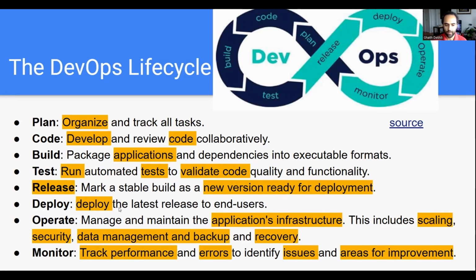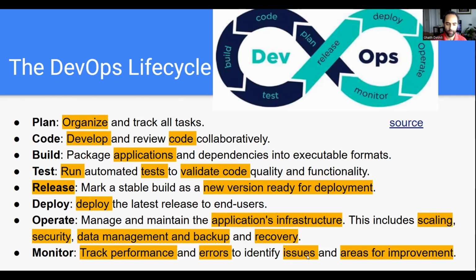Once deployment is done, operations steps take place, which is related to application infrastructure, including scaling when needed, security, data management and backup, and recovery. Once the infrastructure is set up, we need to monitor our application by tracking its performance and errors, and identify issues or areas for improvement.